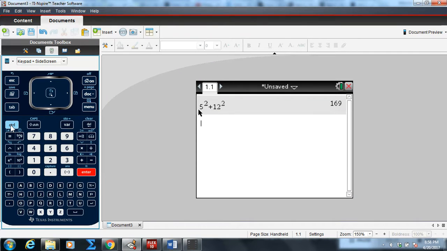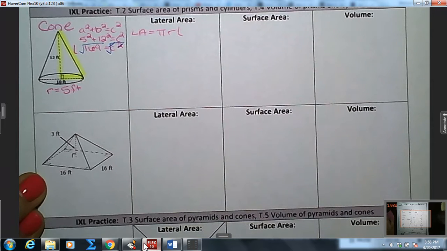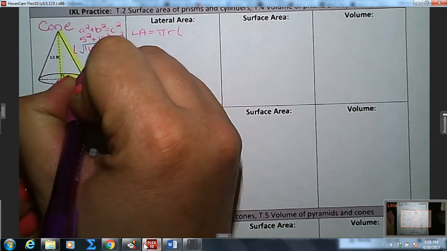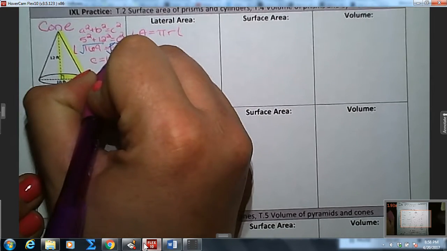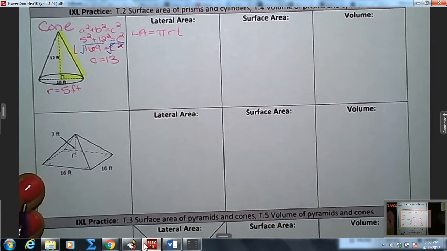The square root button on your calculator is located on the same button as x squared. You have to hit the control button first. The square root of 169 is 13. So our slant height value is 13.